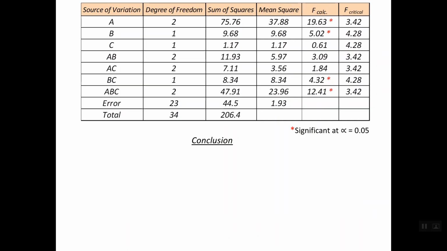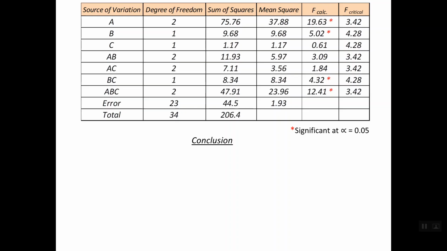We fill in these critical values of F inside the three-way ANOVA table, same like what we have here. So by this we finish filling all of the needed values inside the table. Now how to make the conclusion?